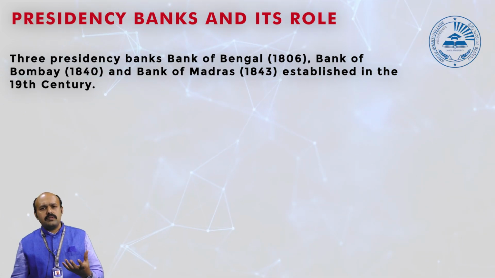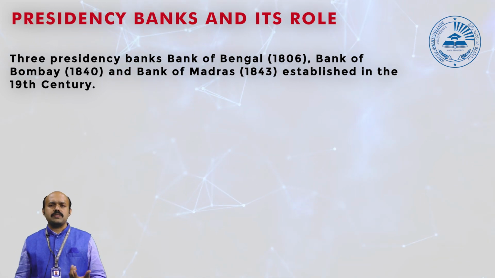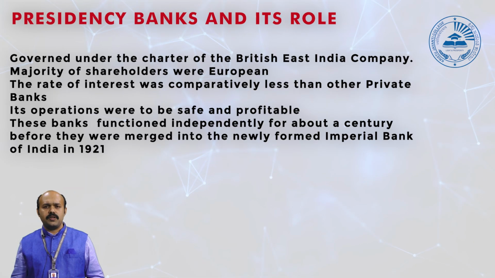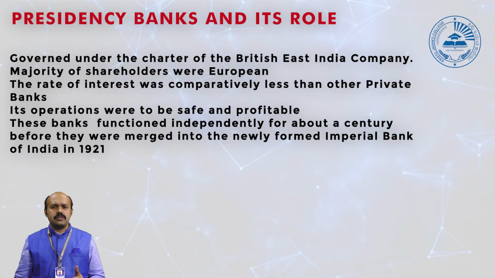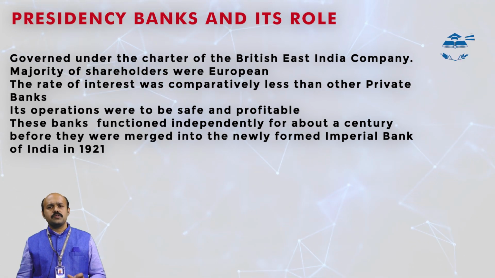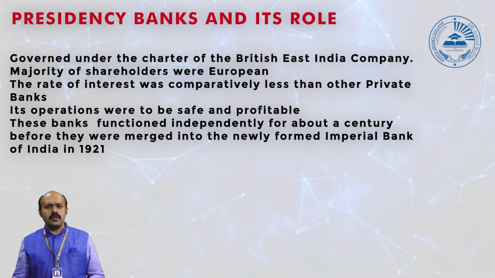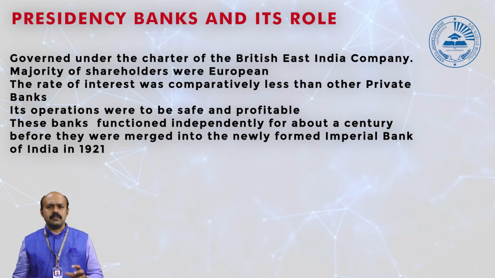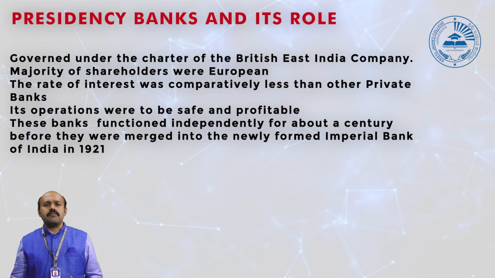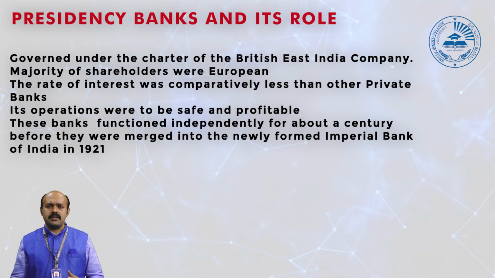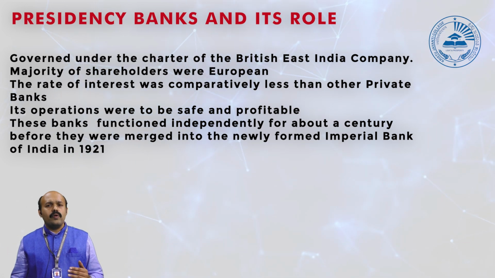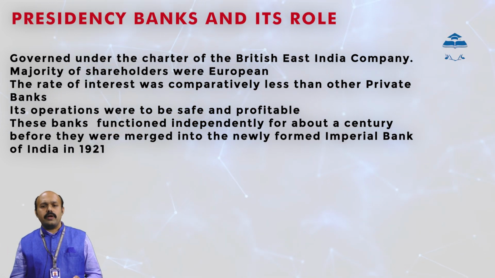Now, to tell you more about these banks, what are the features? One was the charter. These banks were started using charters. Now what is a charter? A charter is a declaration given by the monarchs. When I say monarchs, we are speaking about kings and queens.